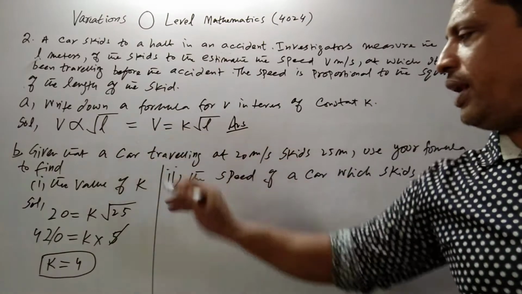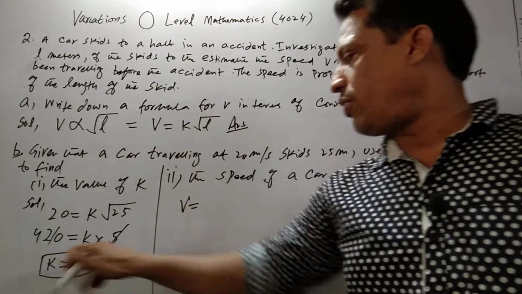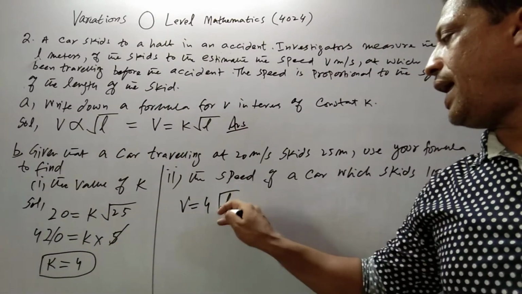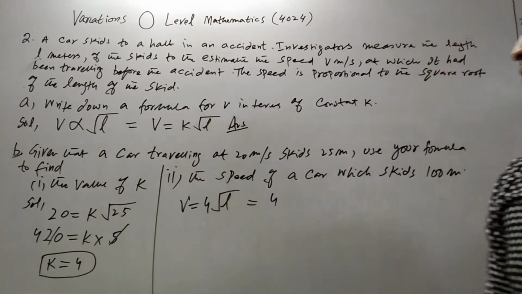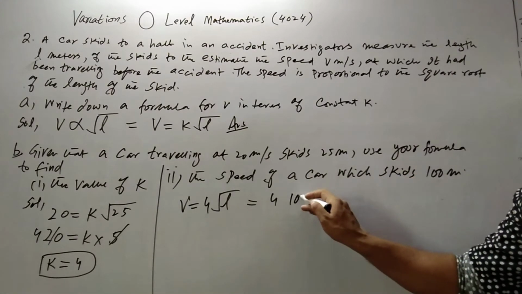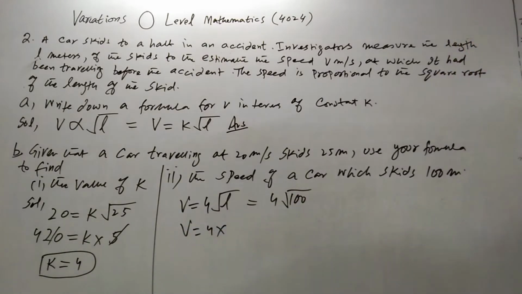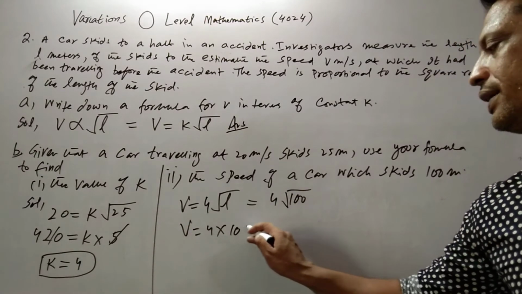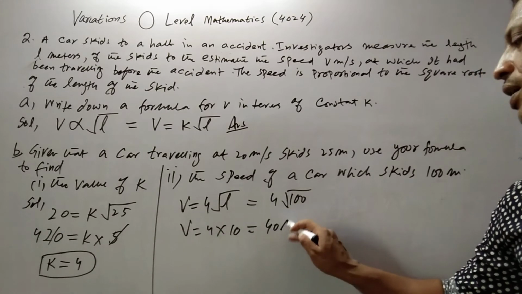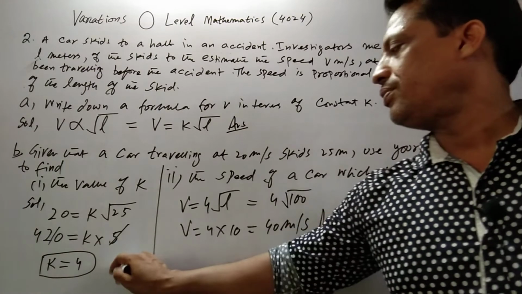Just take this formula, V equals K root L, but this time the value of K is 4. So V equals 4 root L. The value of L given is 100. So V equals 4 multiplied by the square root of 100, which is 10. 10 4s are 40 meters per second. This is the answer of part 2.